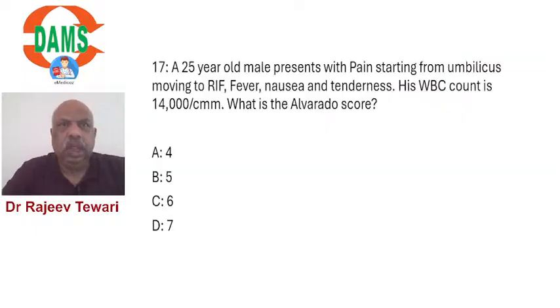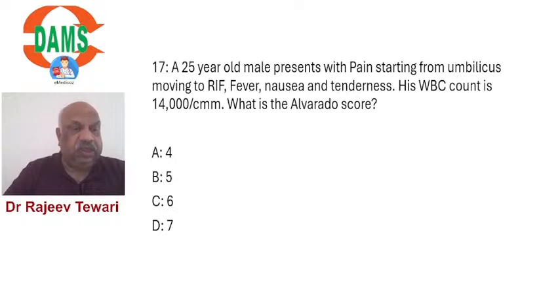Okay. A 25-year-old male, this is a question of INICET. The infection comes from GIT bacteria. GIT bacteria can cross the wall of the bowel transmurally without perforation.